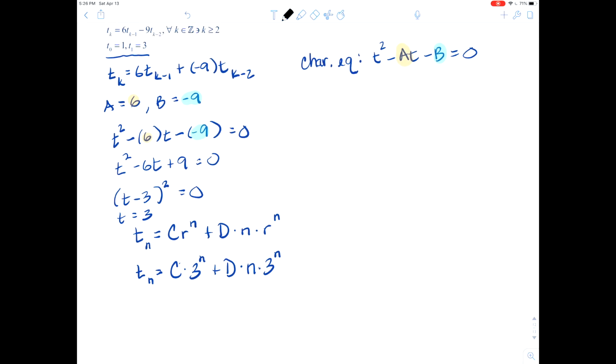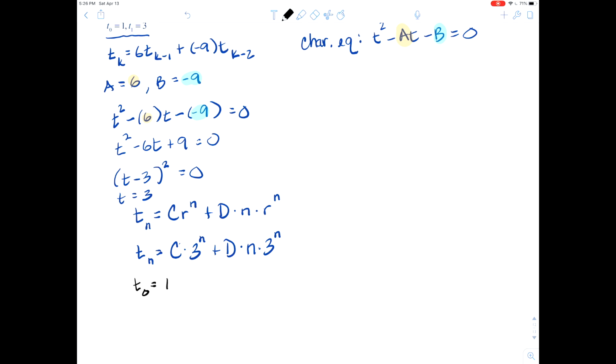We need to find the terms that correspond, or we know the terms. So let's plug in what we know. So t sub 0 is going to be equal to 1, right? Well, t sub 0 is also equal to c times 3 to the 0 plus d times 0 times 3 to the 0.